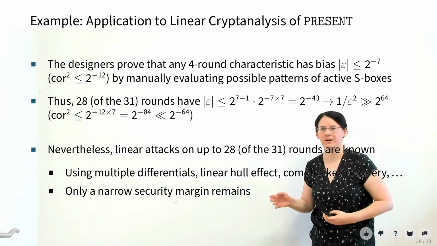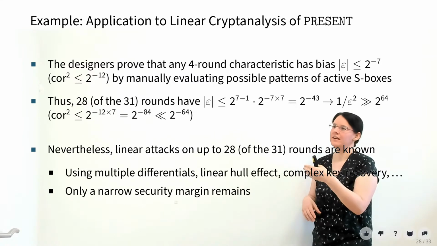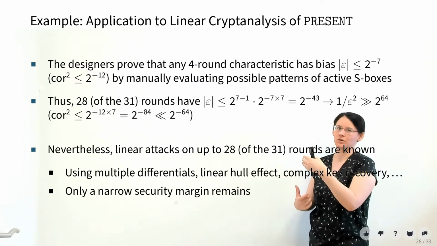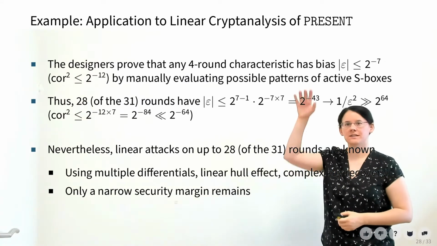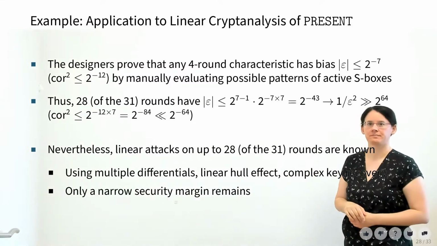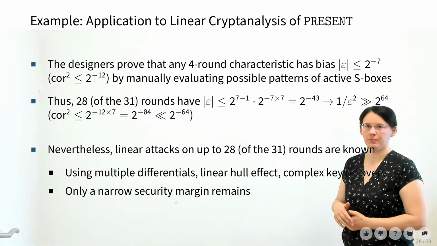They enumerate all the cases, like if I have just one active Sbox, then either I have 2 Sboxes in the next round active, or I need to have a bad probability, etc. So this is a manual argument. And the total thing has 31 rounds.